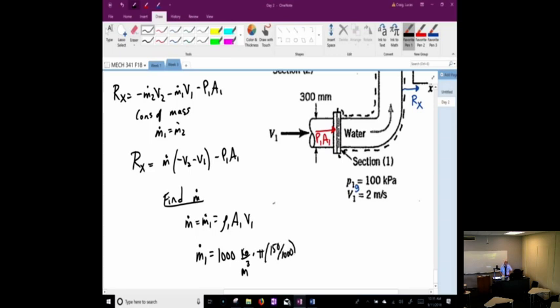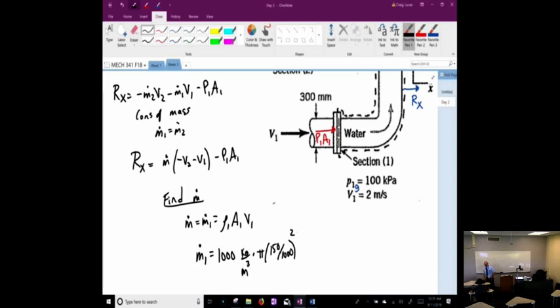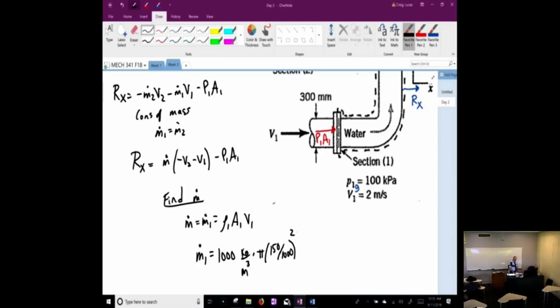Check mine, see if I did it right. 150 over 1,000 squared times pi, yep. So pi r squared, and the velocity is 2. It's not moving very fast.